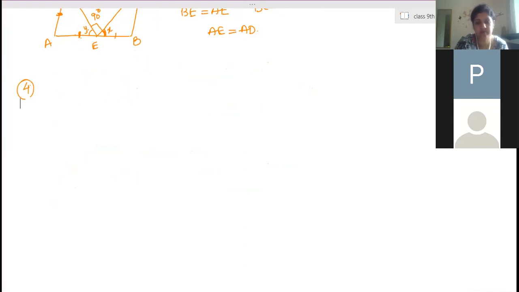Ma'am, what is intercept theorem? Intercept means the part of the transversal which is present between parallel lines. In between parallel lines, whatever part of the transversal is present, that we call intercepts. Just now in the trapezium part you have solved, no?